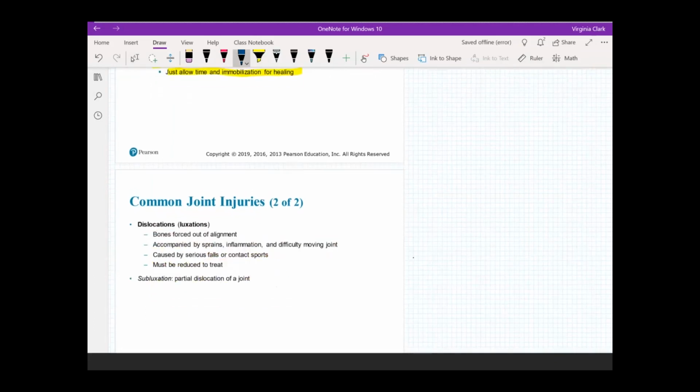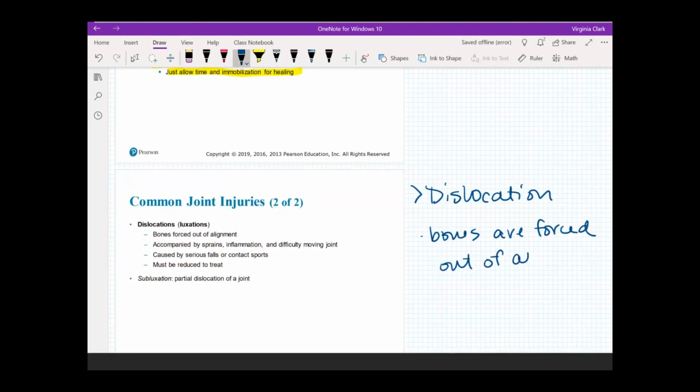Dislocation is different than a sprain. Dislocation is about the actual bone, whereas a sprain is about the ligament holding the bone in place. With a dislocation, the bones are forced out of their normal alignment. They are not where they need to be.